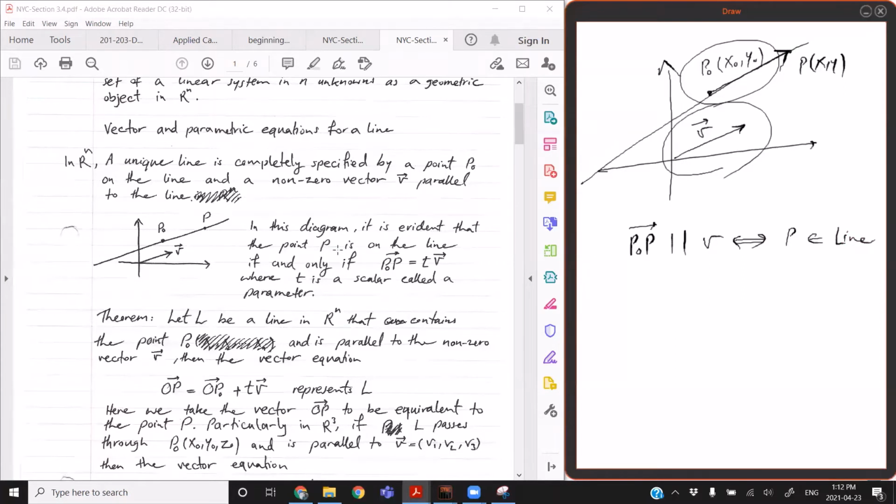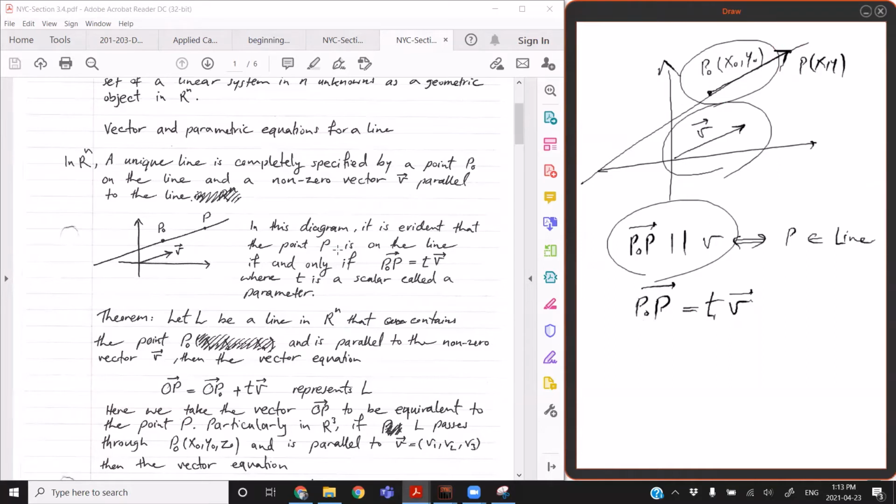So that gives us an equation for the line, because two vectors are parallel if and only if one of them is a scalar multiple of the other one. So in other words, I can say P0P must be some scalar t times V. But also notice that P0P is terminal minus initial.